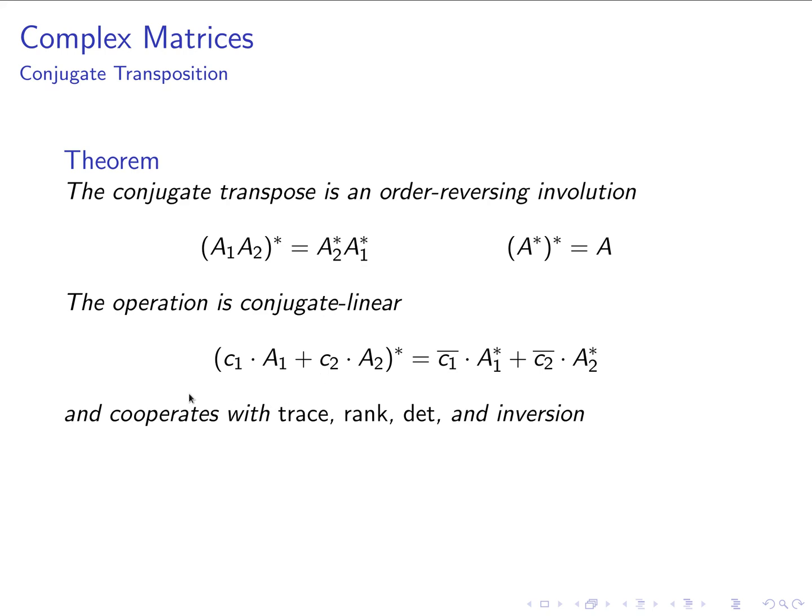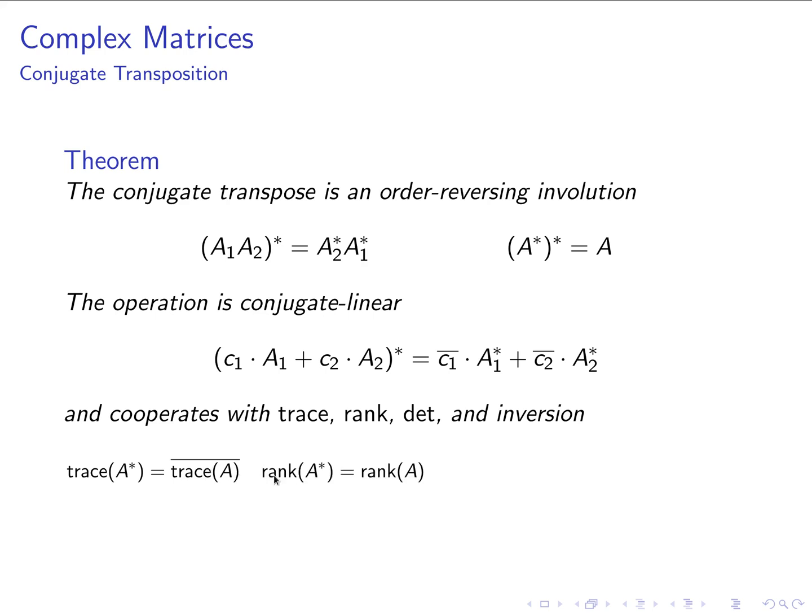And the conjugate transpose cooperates nicely with various operations on matrices, like trace, rank, determinant, and inversion. So we can make this more precise. The trace of the conjugate transpose of a matrix is always equal to the trace of that matrix, and then we conjugate the result.